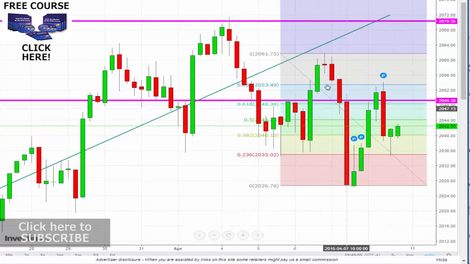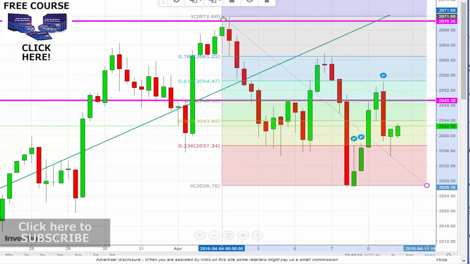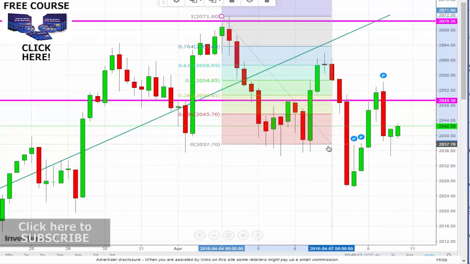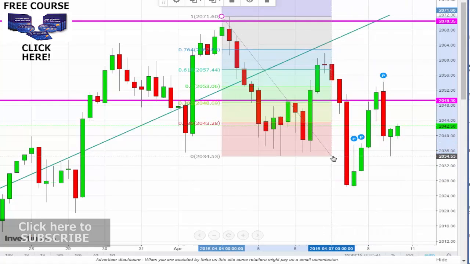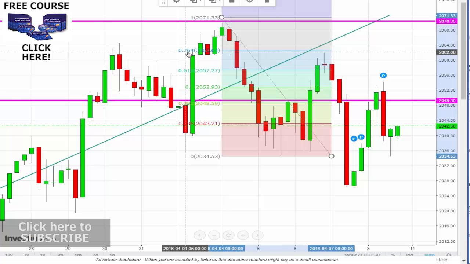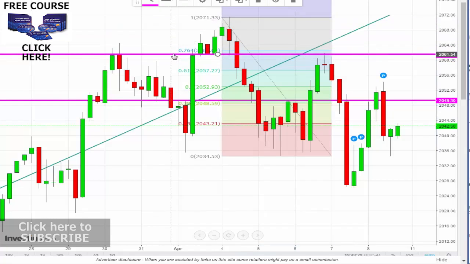This whole move has come down, and if I look at this Fibonacci retracement from there to there, you can see last time we created this head and shoulder formation, it ran up to almost the 76% retracement, and then broke down. But that 76% retracement was also this area of support and resistance. You can see back here had a lot of resistance, back here had a lot of support, and then it rejected down and came down through there.